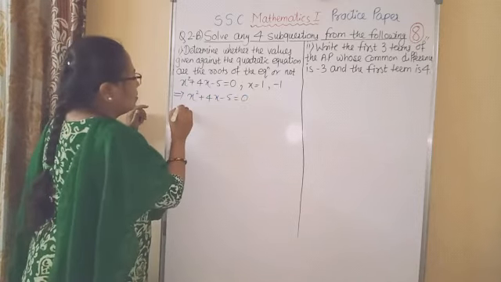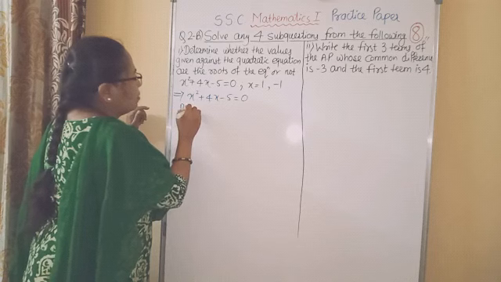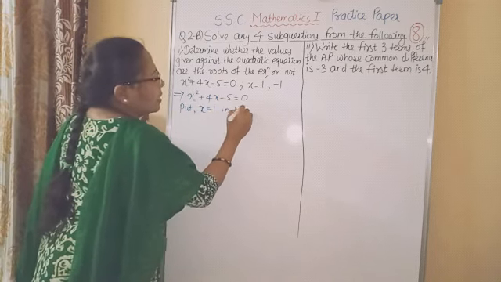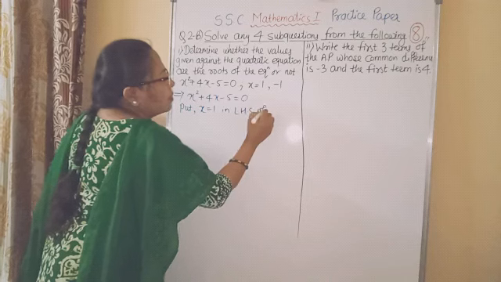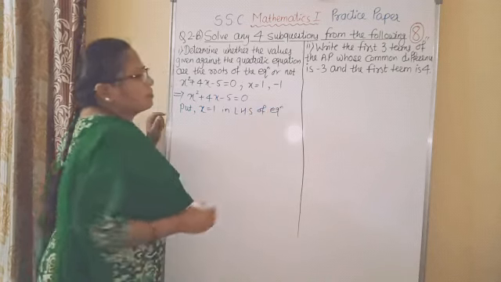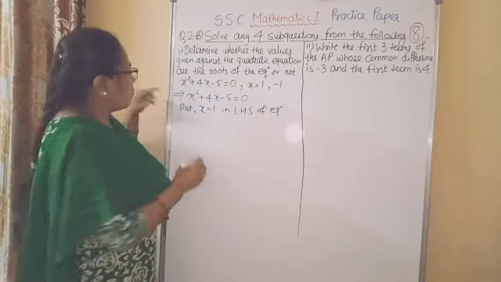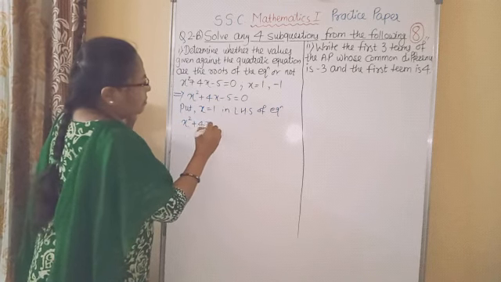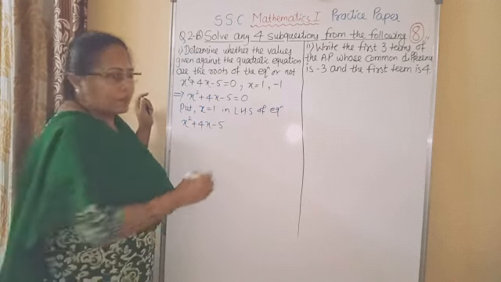Put x equal to 1 in LHS of the equation. So LHS of the equation is x square plus 4x minus 5.